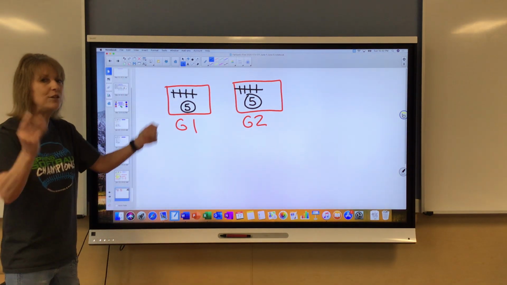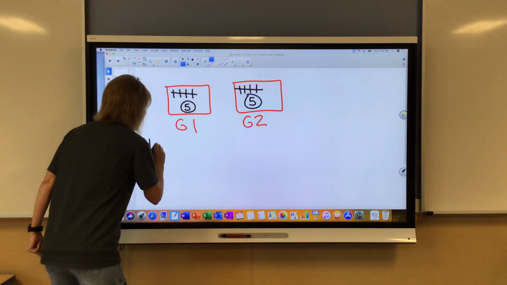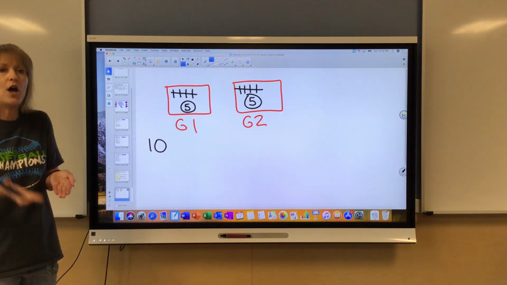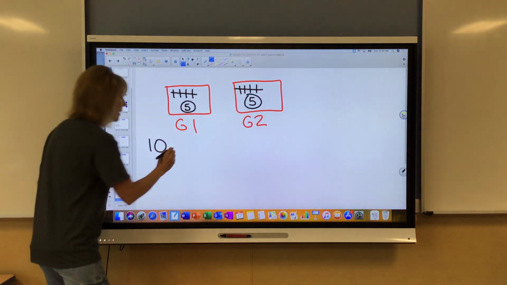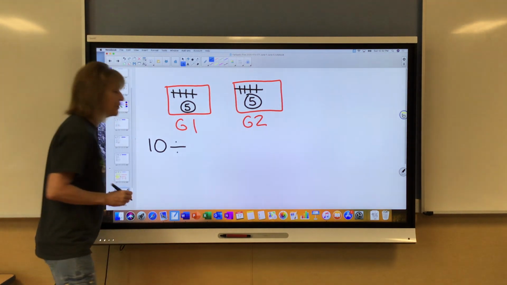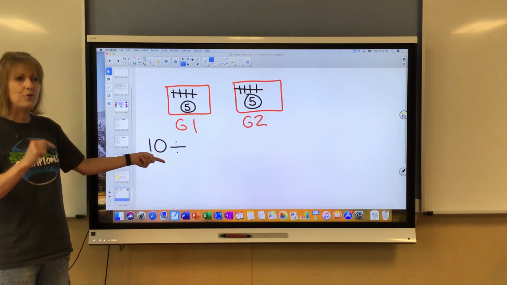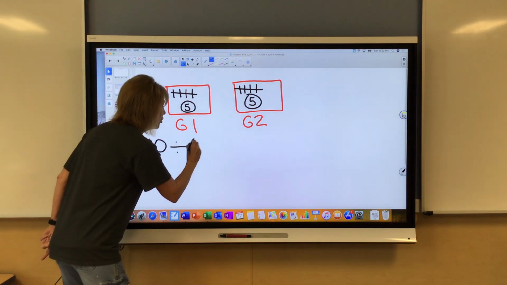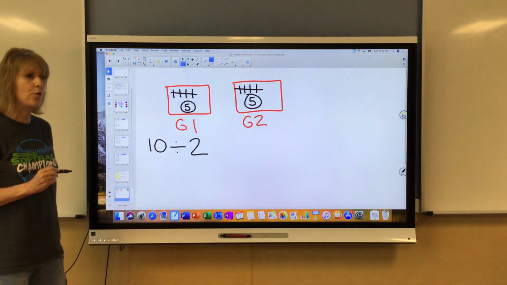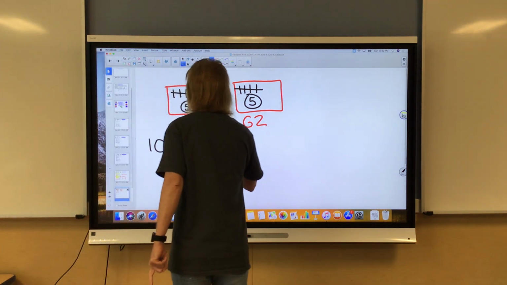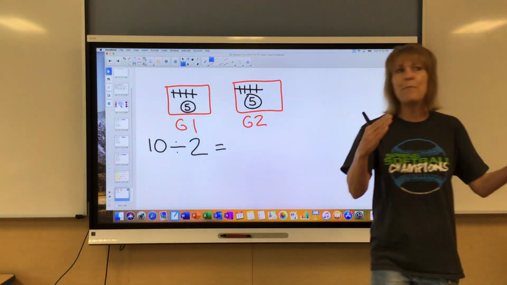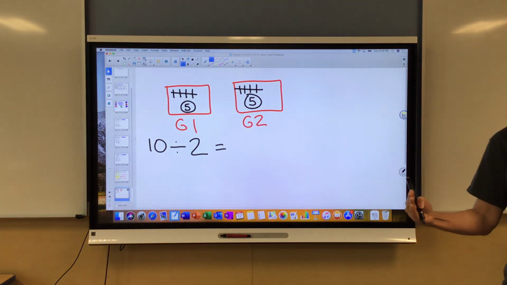Give me my equation, Mimi. Think about how many total stars. Mia said, well, you had 10 total stars. Think about how many groups. Mimi said you divided those stars into 2 equal groups. Equals, think about how many are in each group.